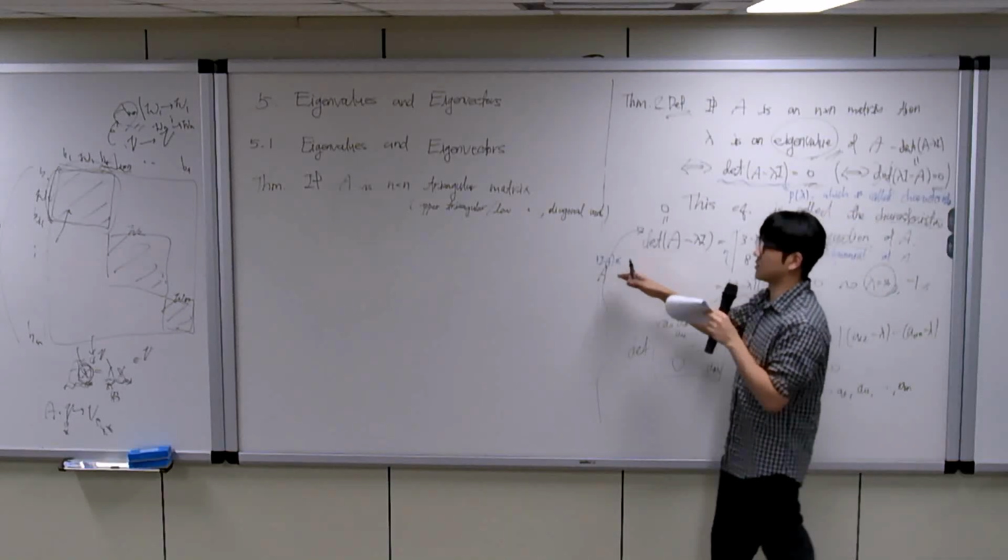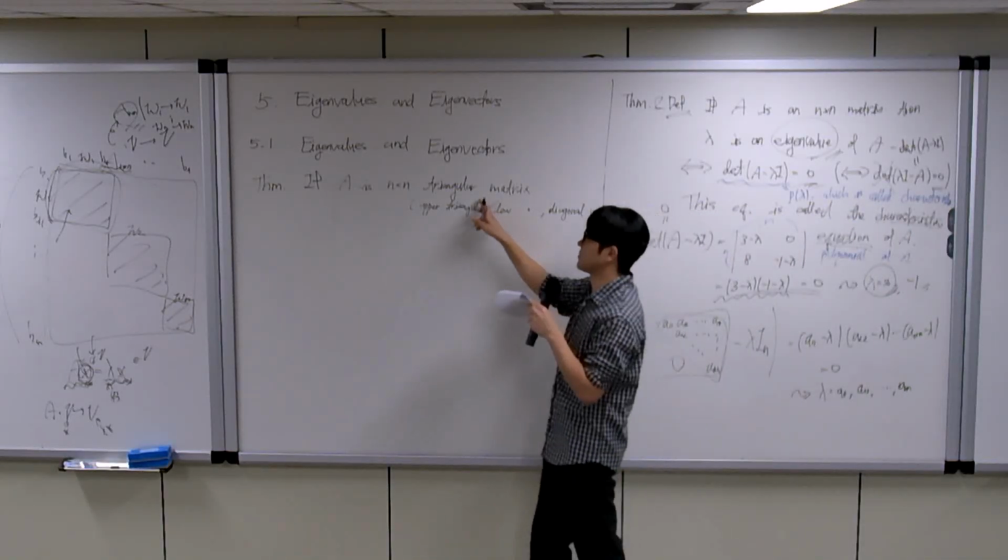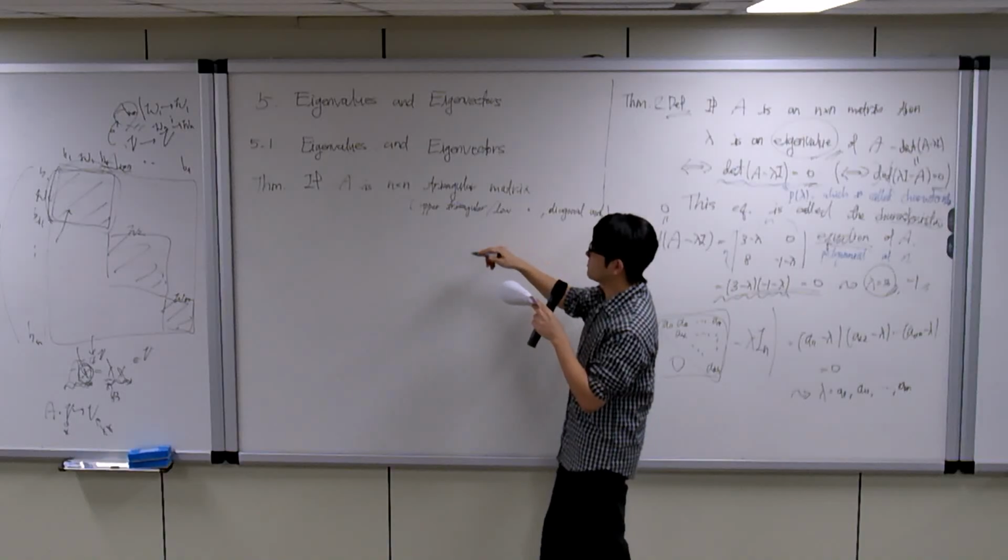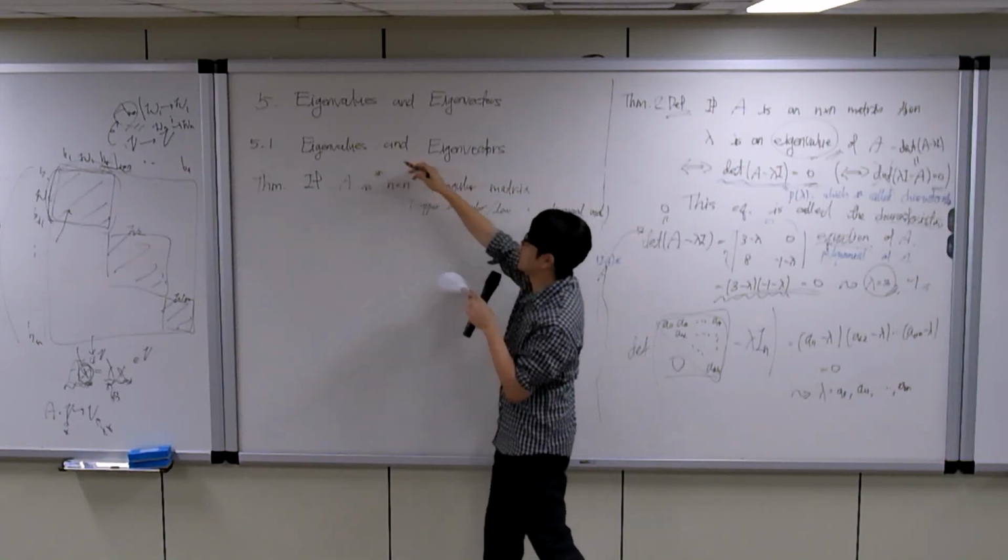So these are examples of triangular matrices. A is an n by n triangular matrix.